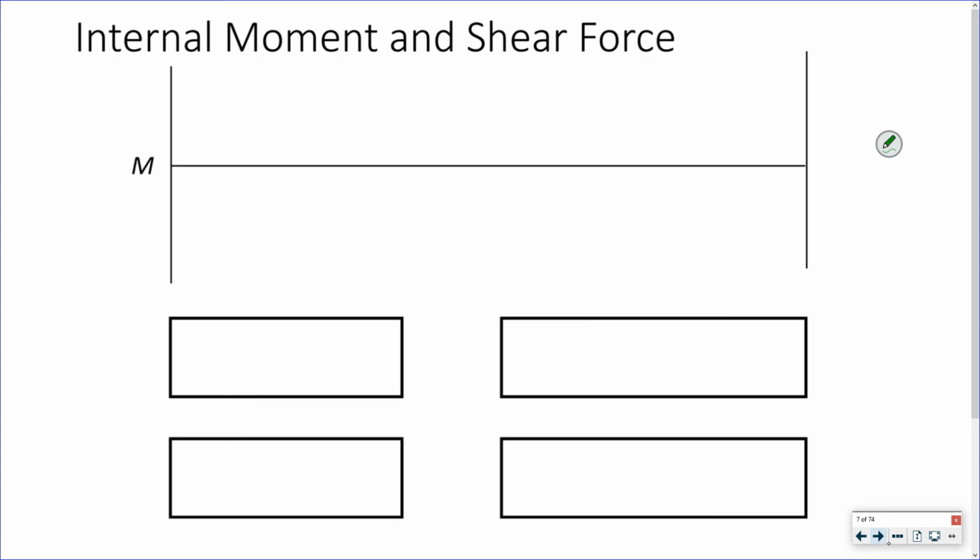So we have our PL over 4, where's the middle? Right there.